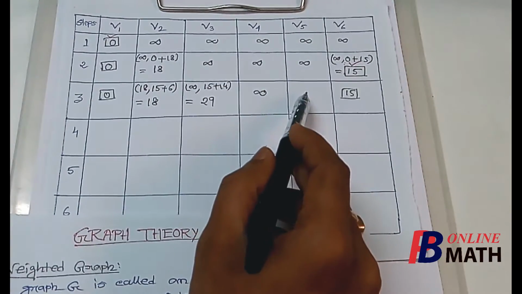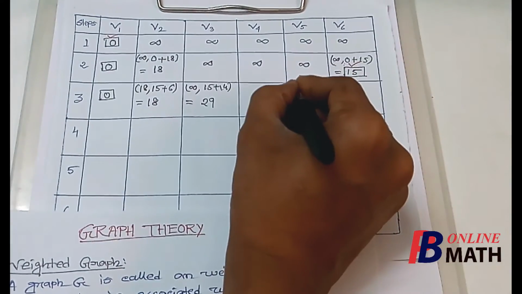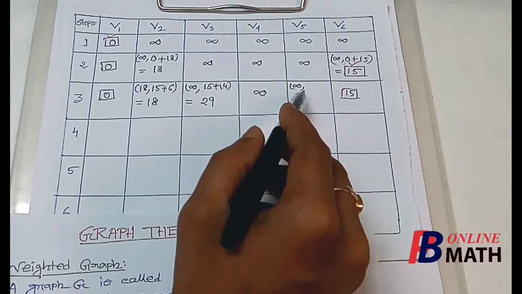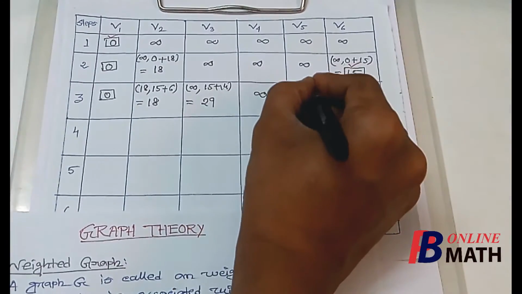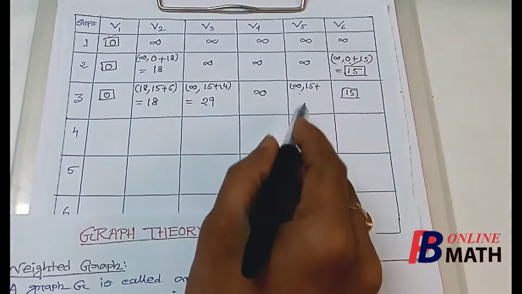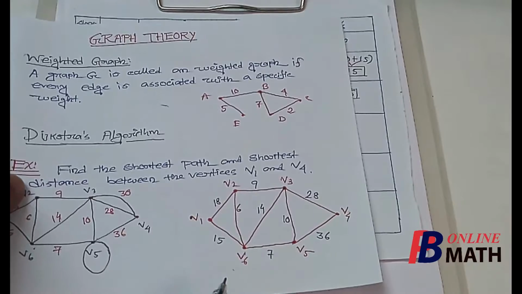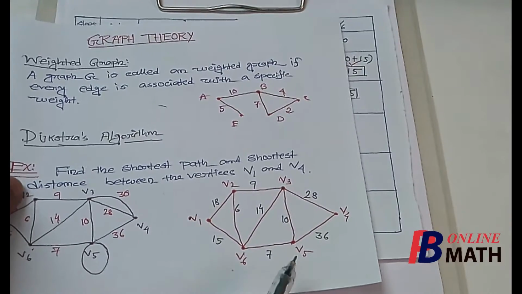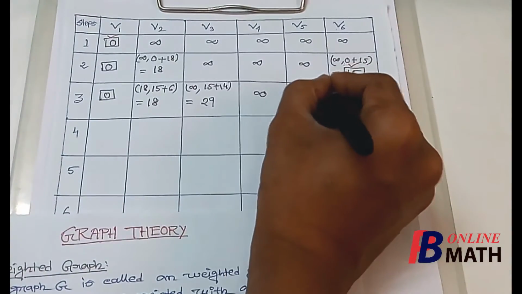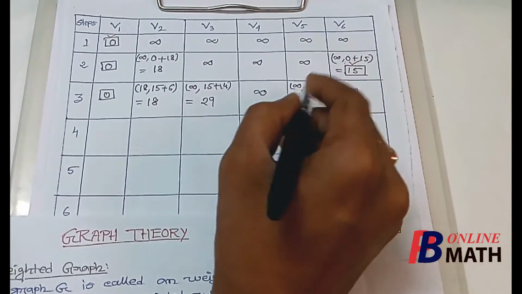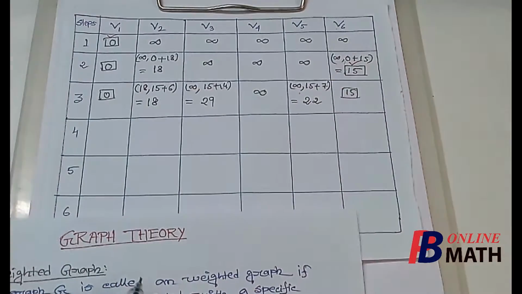And finally for V5, we find the minimum of the previous level, that is infinity, comma, the permanent level of the previous step, which is 15, plus the distance between V5 and V6, which is 7. The minimum of these two is 22.